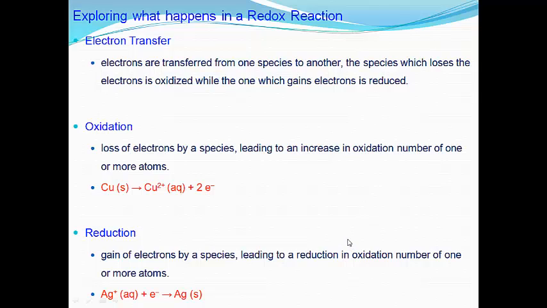Essentially what is happening is that there is electron transfer from one species to another, and the species which loses the electrons, or gives up the electrons, is described as being oxidized, and passes the electrons on to another species, which becomes reduced, or gains the electrons. So we have electron transfer occurring, as a result of, firstly, oxidation, which involves the loss of the electrons, and reduction, which involves the gain of the electrons.